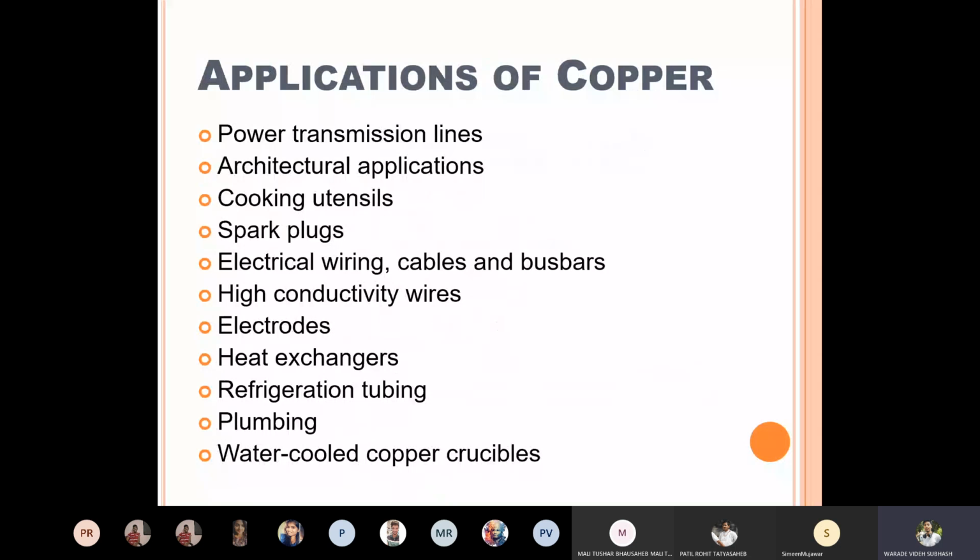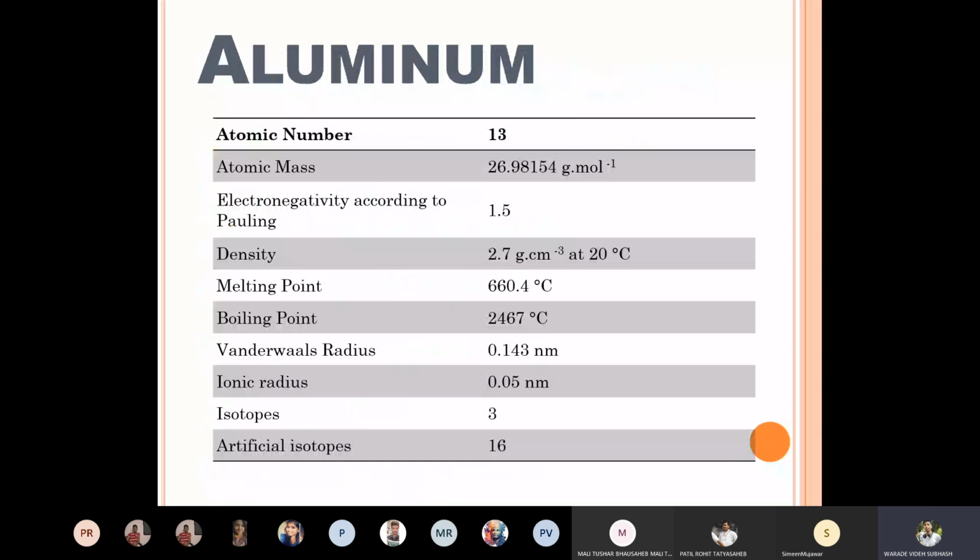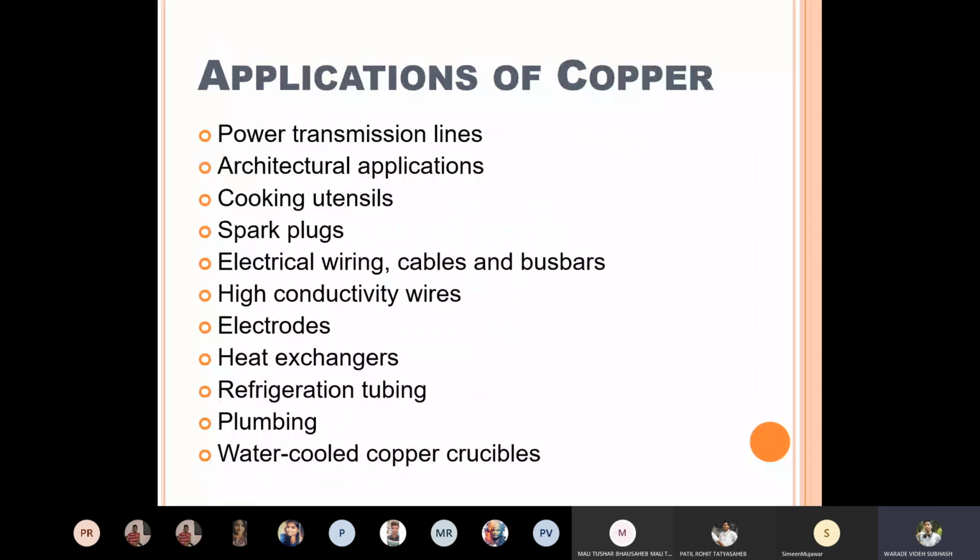Applications of copper are power transmission lines, architectural applications, cooking utensils, spark plugs, electrical wiring cables and bus bars, high conductivity wires, electrodes, heat exchangers, refrigeration tubing, plumbing, and water cooled copper cubicles.